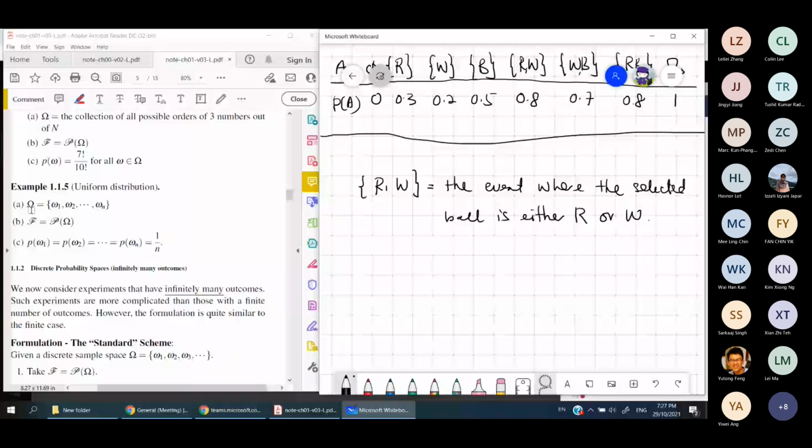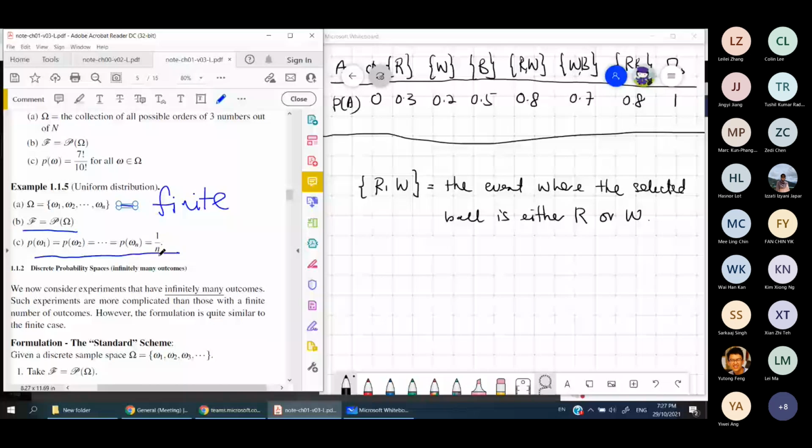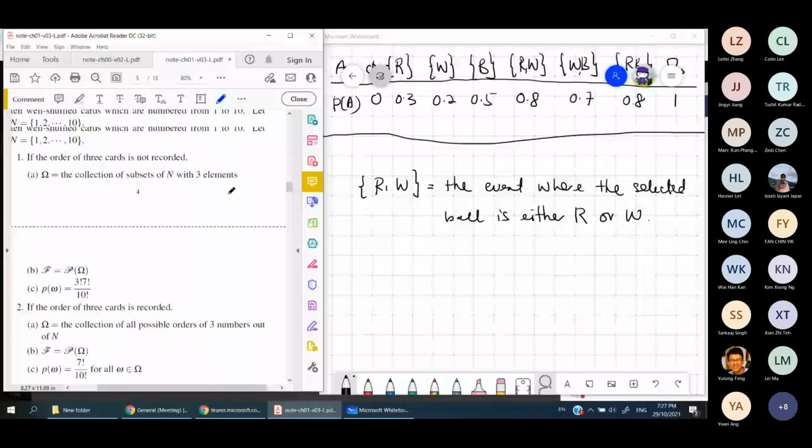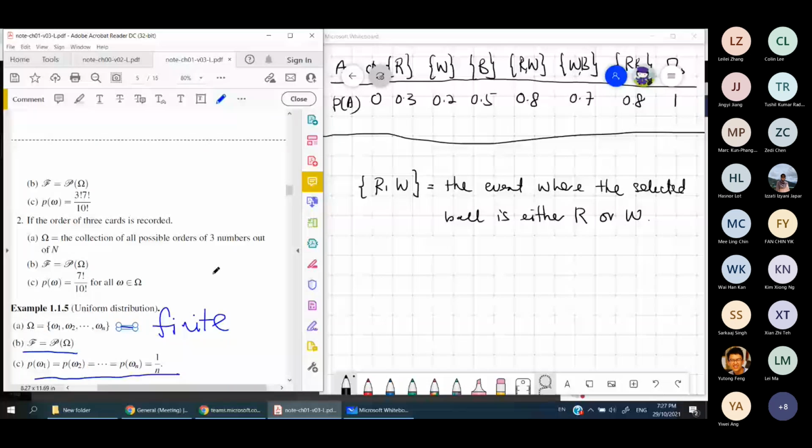If this is finite, we can always select the sigma field to be the power set, so all the subsets will be events. Then we can take the frequency as the probability, so P of omega 1 will be equal to this. These two examples follow this method here.